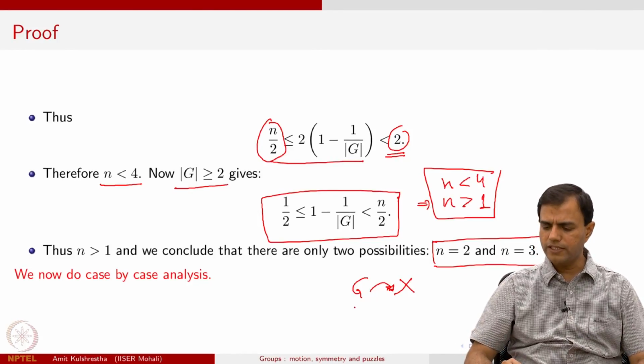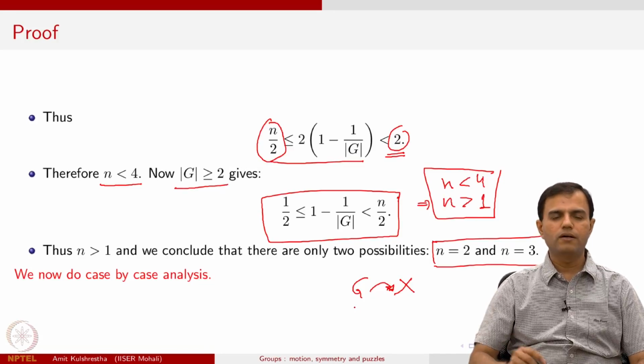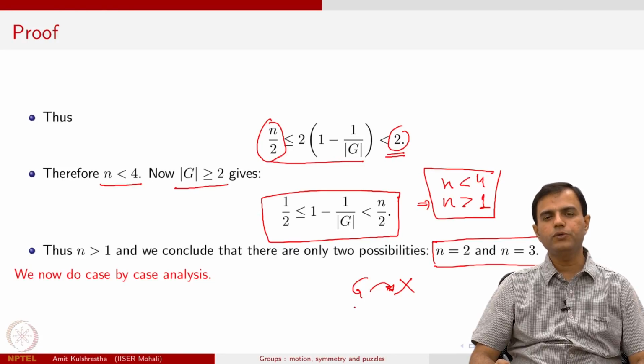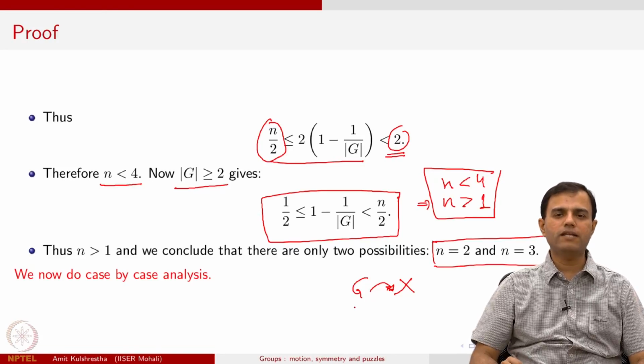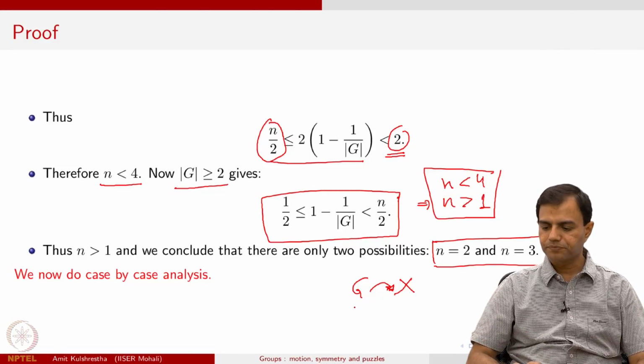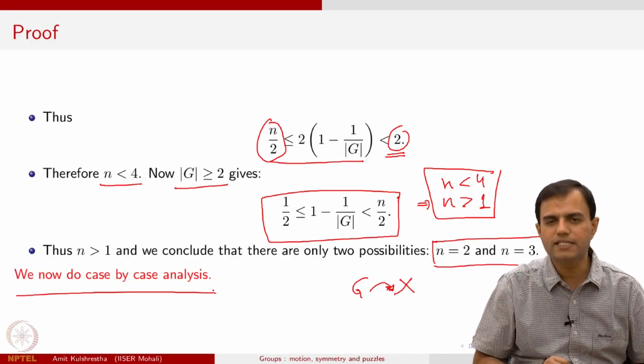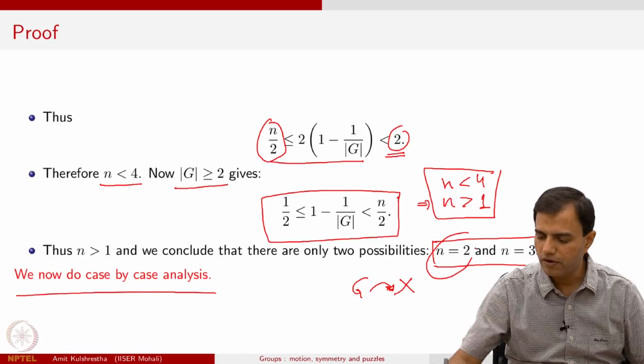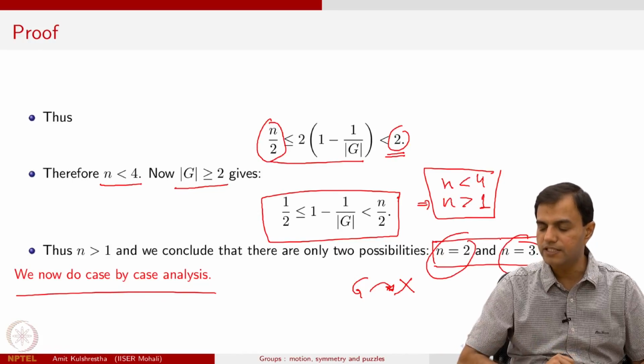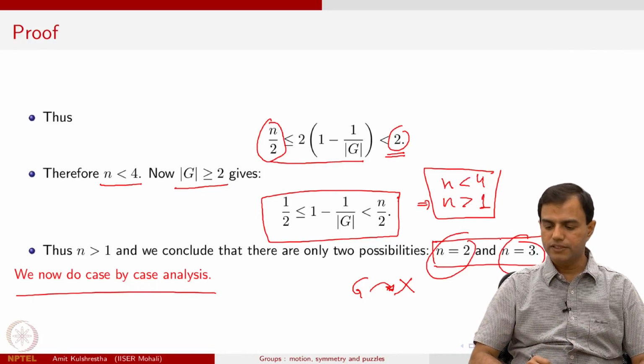That's quite substantial information, and from this information we are going to get all possible subgroups of SO3, and in fact we are going to show that they essentially come from platonic solids or polygons, which is the case of SO2. So, a case-by-case analysis: first we do the n equal to 2 case, and then we do the analysis for the n equal to 3 case.